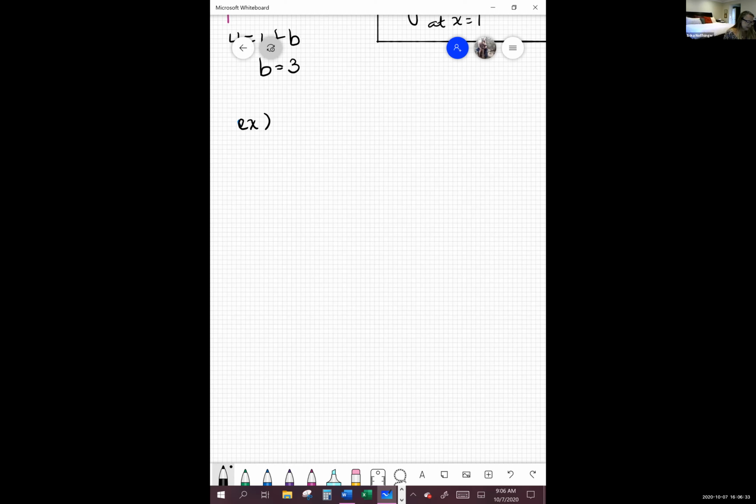So find all values of x for which the tangent line is horizontal, and we're given that f of x is equal to the square root, and then underneath that square root, you have x cubed minus 6x squared plus 9x plus 1. So find where the tangent line is horizontal.